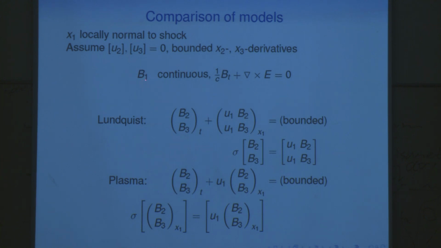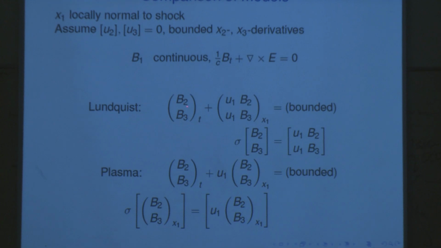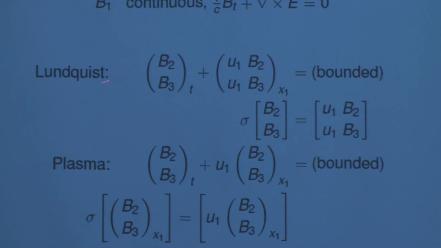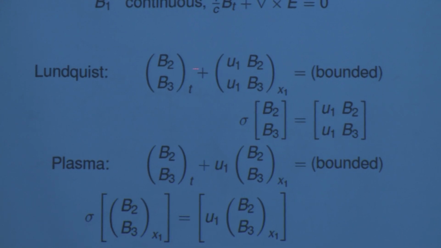Now B1, as is thoroughly familiar from Lundquist, the normal magnetic field will be continuous. It will be constant, in fact, nearby. And we use Faraday then to find the equations on the tangential components of the magnetic field. Now, for ordinary Lundquist, as is well known, you get an equation like this.